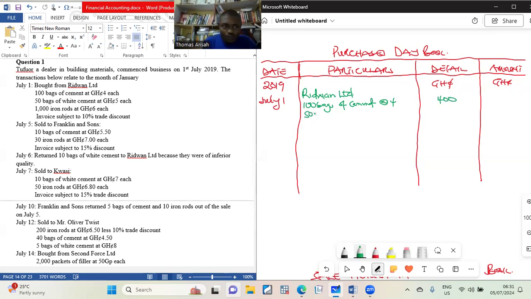So they also bought 50 bags of white cement, also at 5, right? So 250. Then they also bought 1,000 iron rods, so 1,000 iron rods.